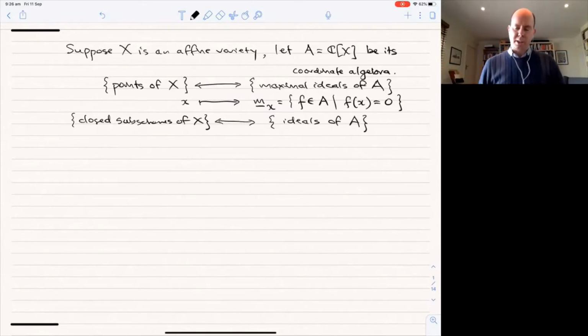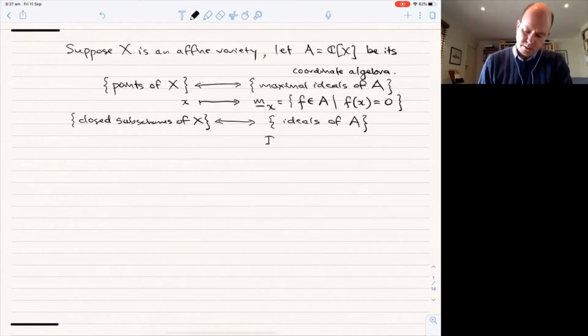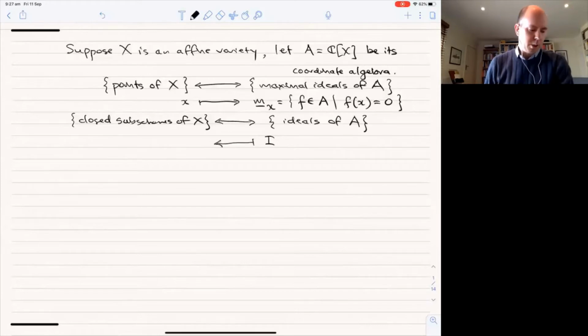But in general, for any ideal of A, say I, you have a closed subscheme, which I might write Z brackets I, the closed subscheme of X corresponding to the ideal I.